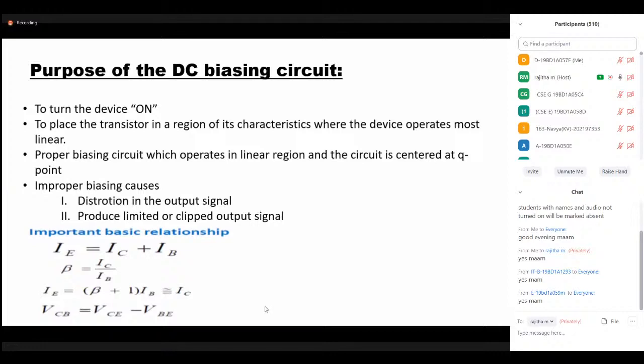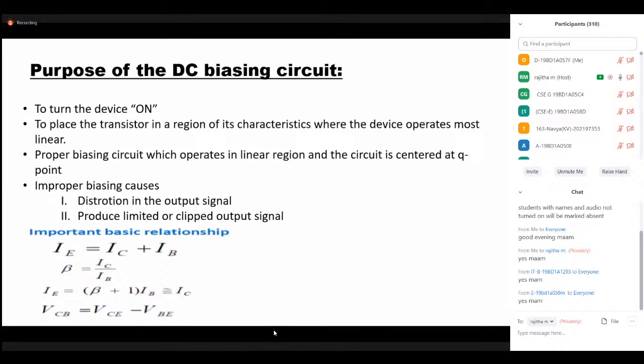Now, we are taking the common emitter configuration as an amplifier, since the characteristics of the common emitter amplifier are moderate in all respects. It has the highest input resistance, the lowest output resistance, the moderate output voltage gain, and the moderate output current gain. Hence, as a generalized amplifier, you can take your CE configuration.